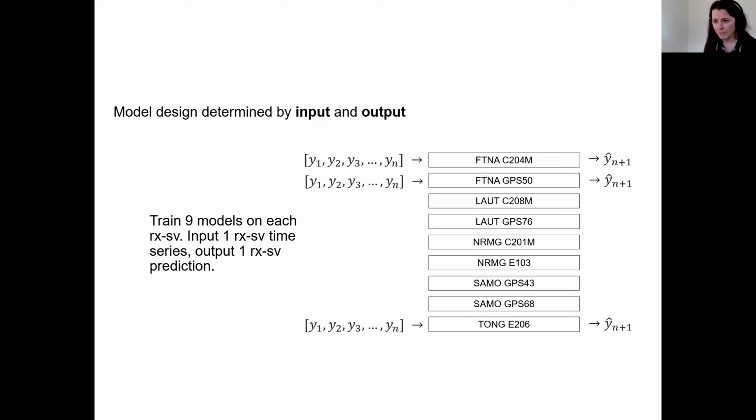So for prediction, we're inputting a time series vector, y1 through yn, and we're predicting yn plus 1. You can see here. What we've chosen is to actually train 9 different models on those selected station satellite signal pairs. And we're going to feed the vector into each model, and we're going to get out a prediction.